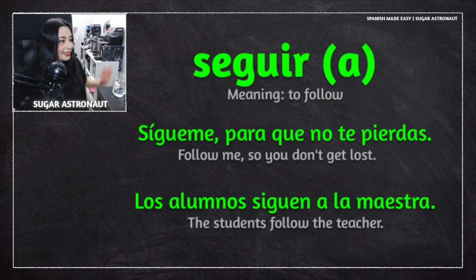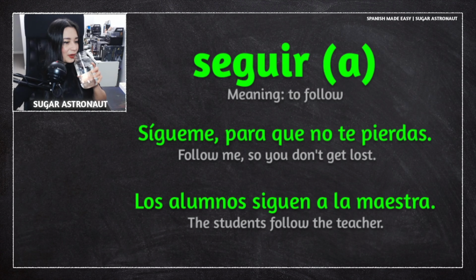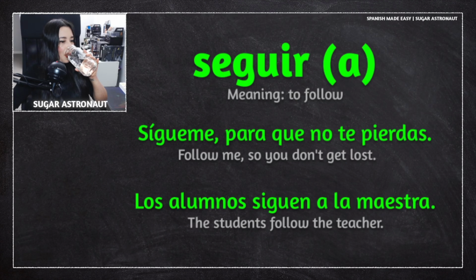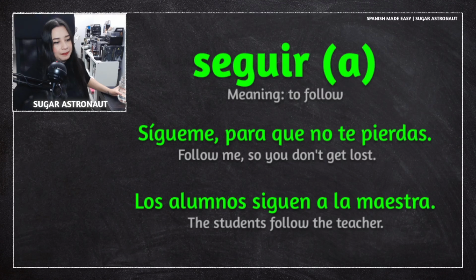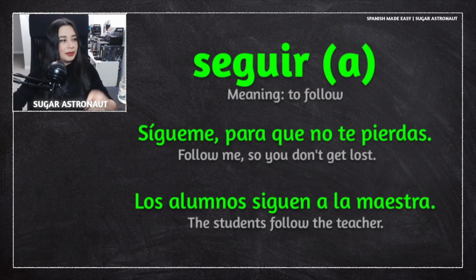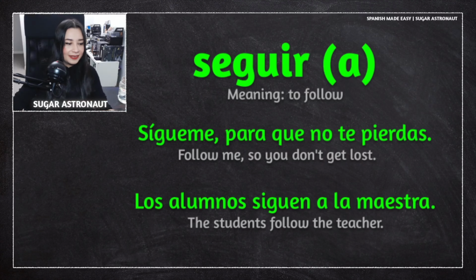Excellent. Do you have any questions? I see Chris said to follow. Yes, you guessed correctly. Seguir means to follow, but also it means something else. It's used in many different situations. Seguir is a very versatile verb.